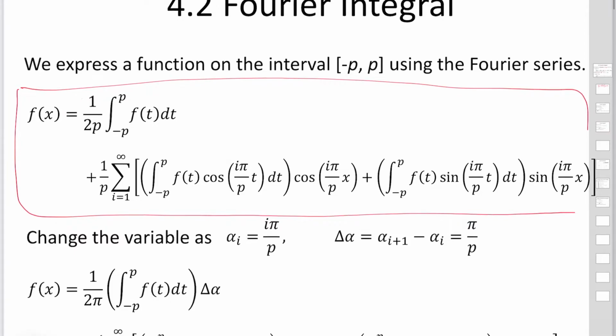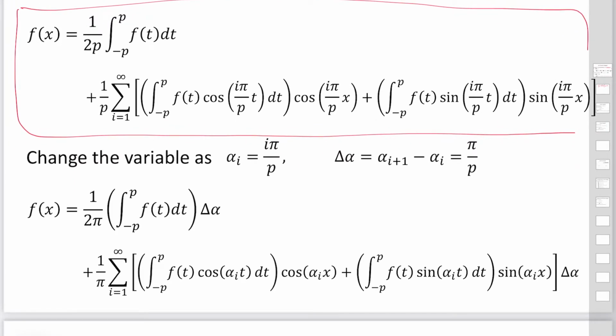Then we'd like to change the variables. Alpha sub i is equal to i pi over p. So delta alpha is the difference alpha sub i plus 1 minus alpha sub i. It becomes pi over p. So 1 over p is expressed as delta alpha over pi.